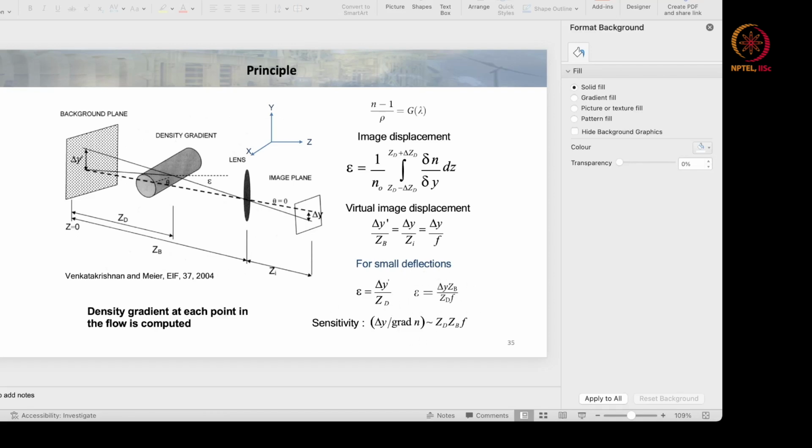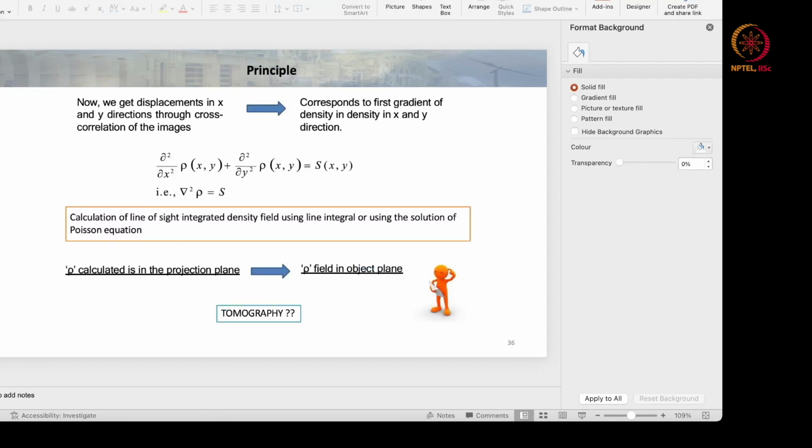The image displacements are given by this set of equations, which actually tell the whole story. In principle, we can get the displacement in the XYZ directions from the cross correlation of the images, and this corresponds to the first gradient of density in the X and Y directions.